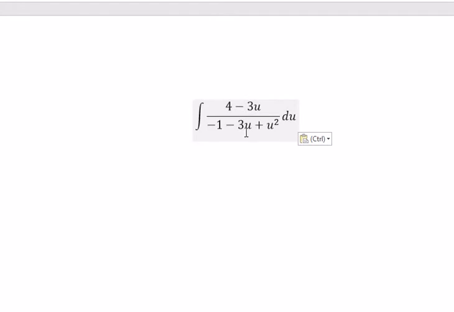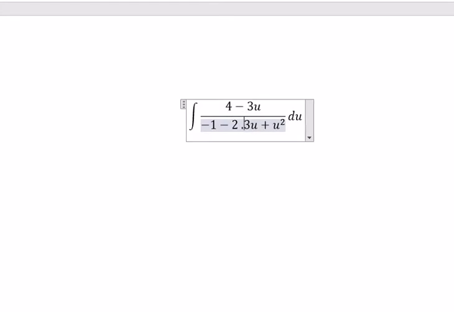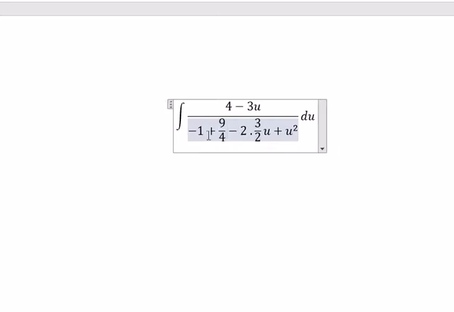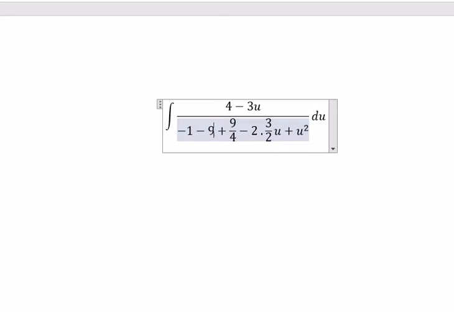About this one, we can put 2 multiplied with 3 over 2. So that means we need to have 9 over 4. And we need to minus 9 over 4. This one, you will get negative 13 over 4.